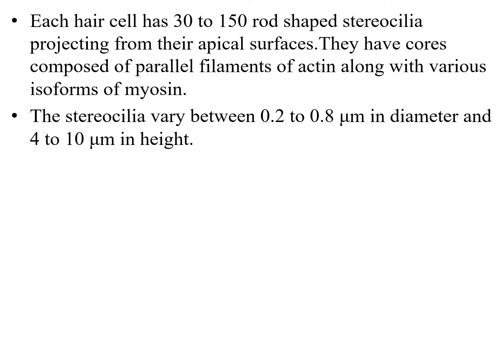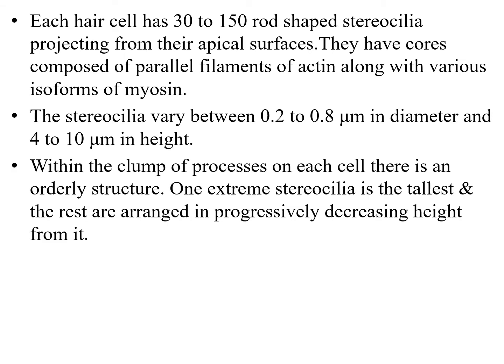They vary in diameter as well as in height. Their diameters can vary from 0.2 to 0.8 micrometers, and their heights can vary from 4 to 10 micrometers. It means some stereocilia are taller compared to others, and some are stouter compared to others.